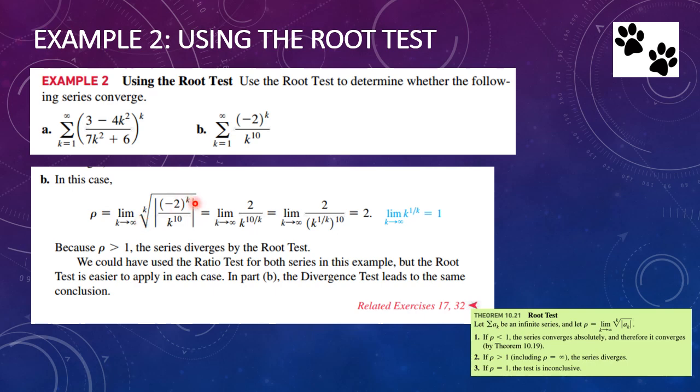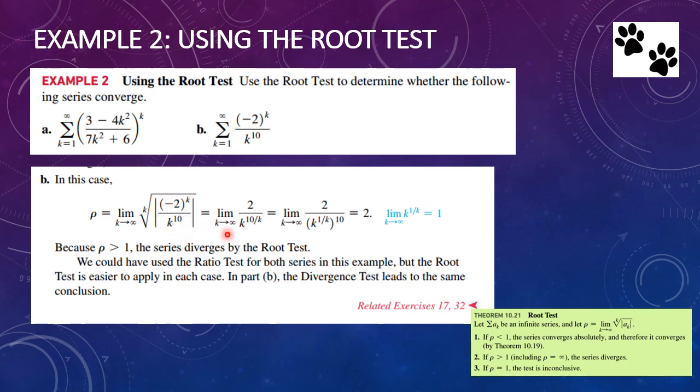So this is k over k, or 1, so we just get 2 to the first power in the numerator. In the denominator, we have k to the 10th, so this is going to be k to the 10 over k. Again, that's just using knowledge of radicals as exponents.